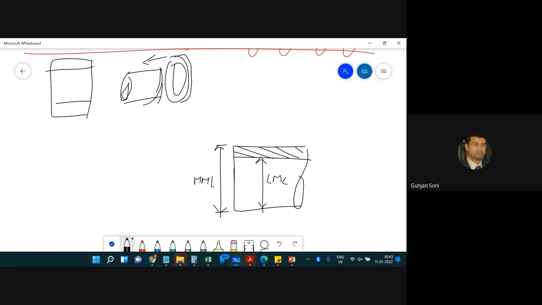Now the go gauge should be designed for maximum metal limit or lower metal limit? MML. Yeah. So this is your go gauge.